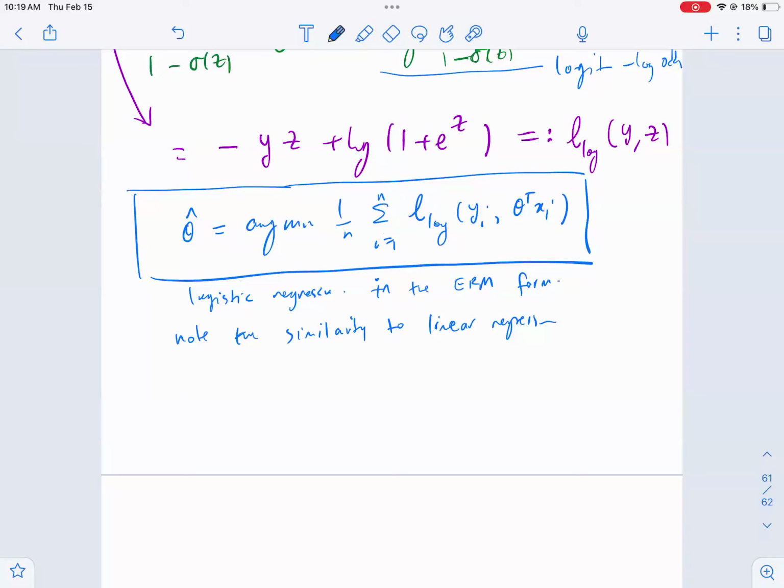There's a different log loss, which is a homework problem. Instead of representing y with 0 and 1, you replace it with negative 1 and 1. Sometimes in binary classification, people use negative 1 and 1. Then you get a different form, which is even simpler, and that's also in the exercise that I'm going to assign.